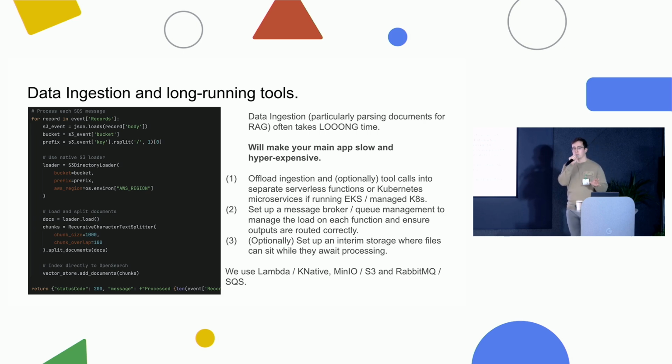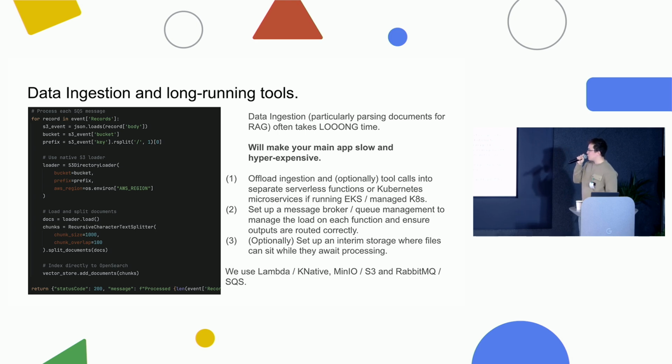I'm sure Google has their own serverless functions. Amazon has Lambda, and I'm very familiar with Lambdas. I'm sure a lot of people here are also familiar with Lambdas. If you're building a more complicated version, you will probably have some kind of Kubernetes microservices or Docker Compose collection of containers. In either case, offload the bits of your chains that run too long. Offload them somewhere, doesn't matter where.